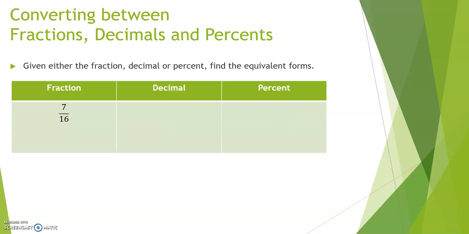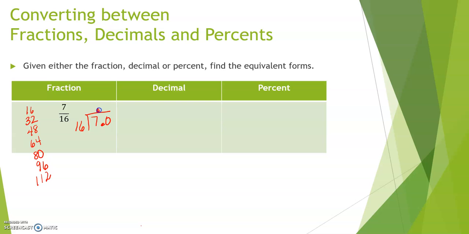7/16 is our fraction. We want to find the decimal and the percent. If we're doing 7 divided by 16, I'm going to make my list of multiples of 16: 16, 32, 48, 64, 80, 96, 112, and we'll stop there.